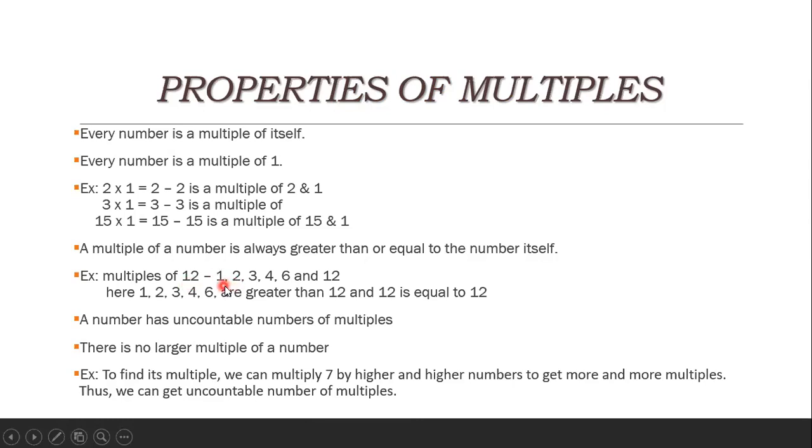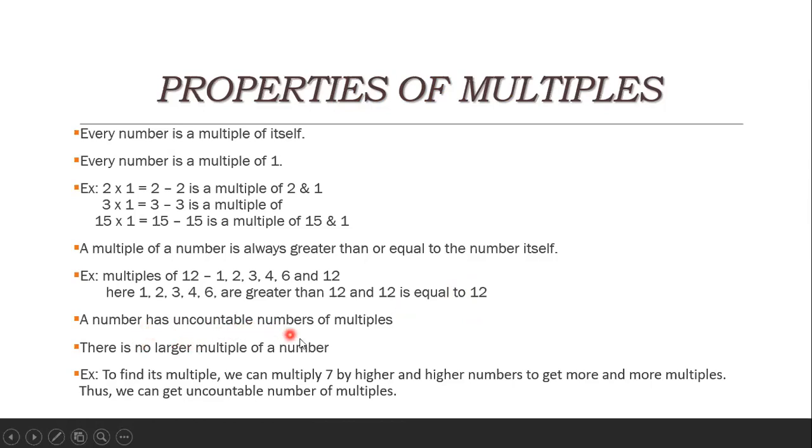See, 1 12s are 12, 2 6s are 12, 3 4s are 12, 4 3s are 12, 6 2s are 12, 12 1s are 12. So here 1, 2, 3, 4, 6 are smaller than 12 and 12 is equal to 12. So it will be either greater than that number or equal to that number.